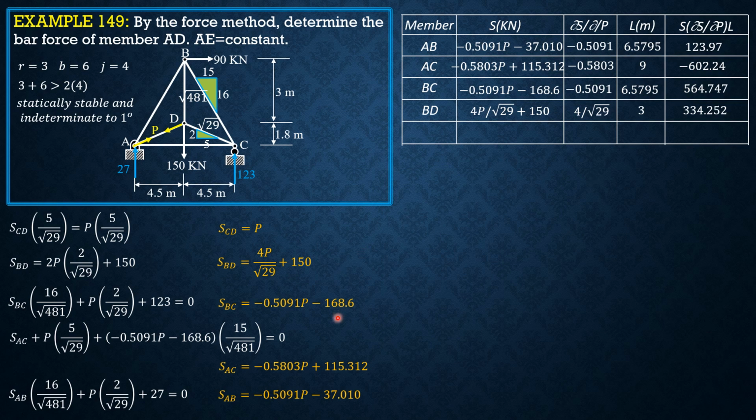So those are the 4 members with constant. Therefore, the sum of S, partial of S with respect to P, times L, adding all this, is 420.729. In the second part, we set P equals 1, and that is SAD. So delta A relative to D is 420.729 over AE.